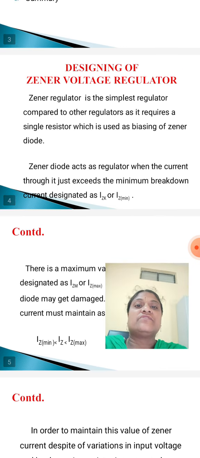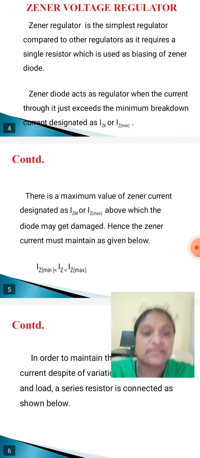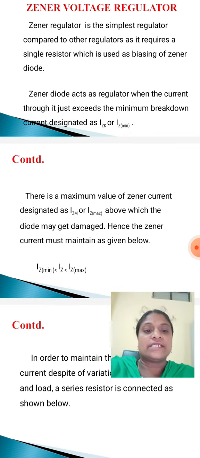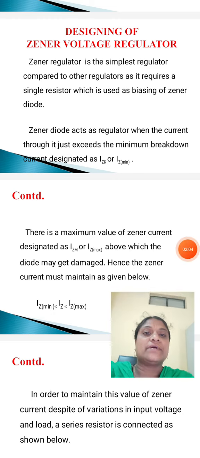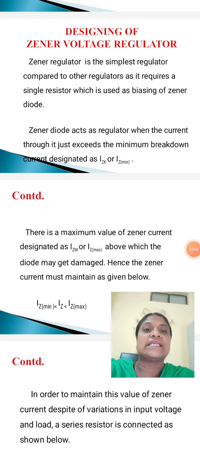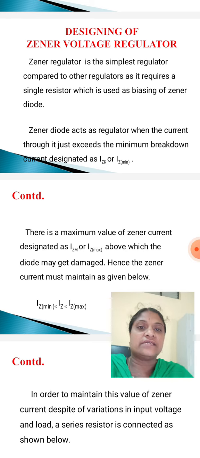First of all, the Zener regulator is a simple regulator. It is simple compared to other regulators, as it requires a single resistor which is used for biasing the Zener diode.